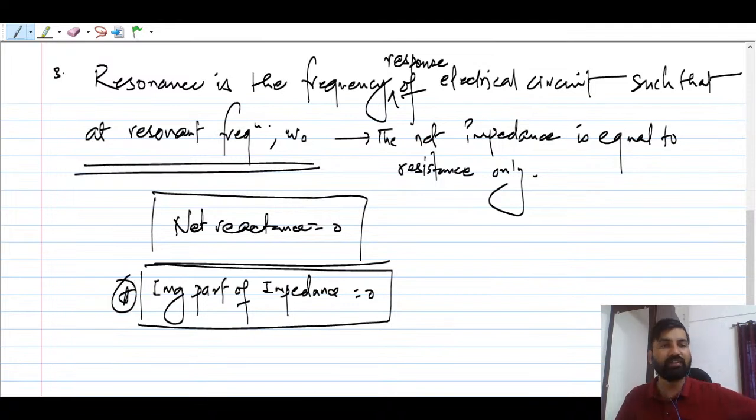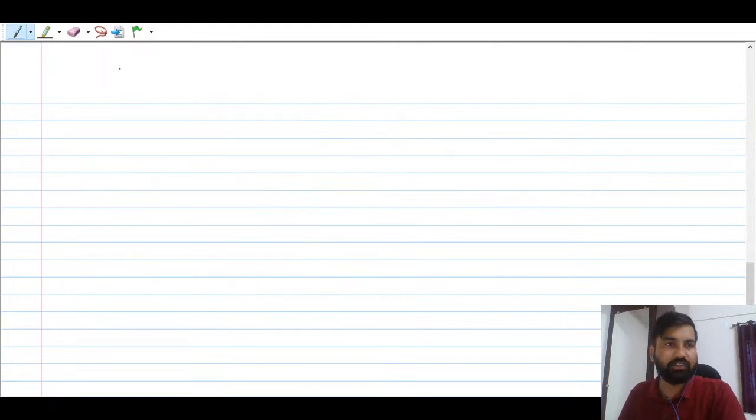So if you want to find the resonant frequency, you have to always equate the imaginary part of the impedance to 0 so that you can find that frequency, right? Suppose we have Z equal to R plus jX. This X is nothing but the net reactance.